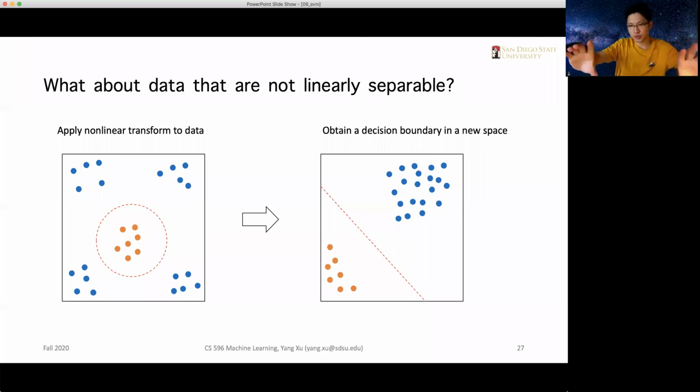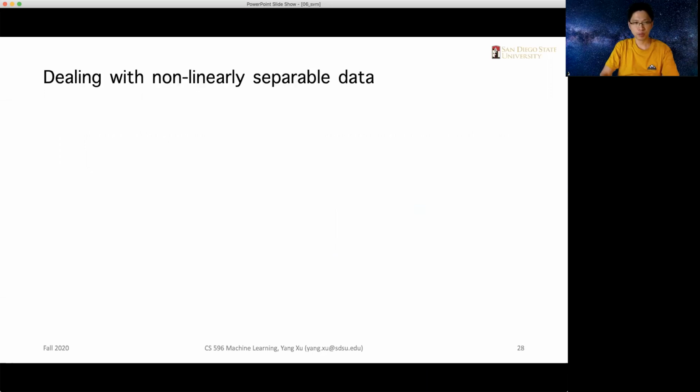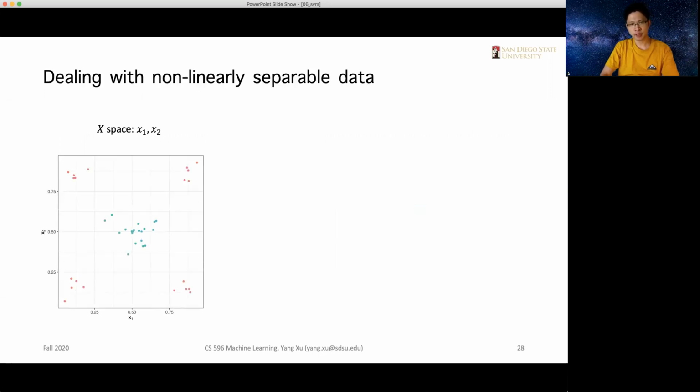So the simple demo here basically describes what a kernel method will do to non-linearly separable data sets. Okay, so I have a more concrete example here. For example, in the 2D space, we have two features, x1 and x2, right?